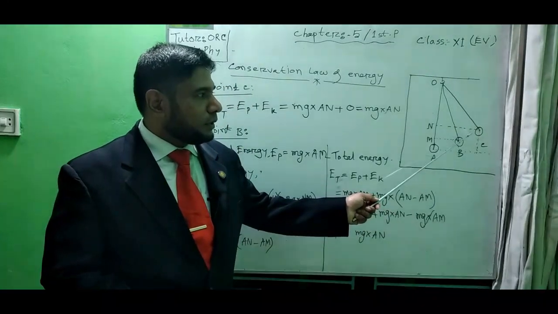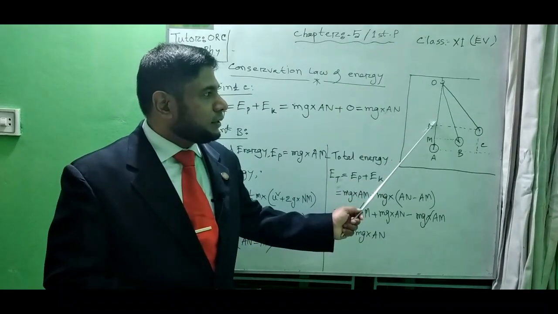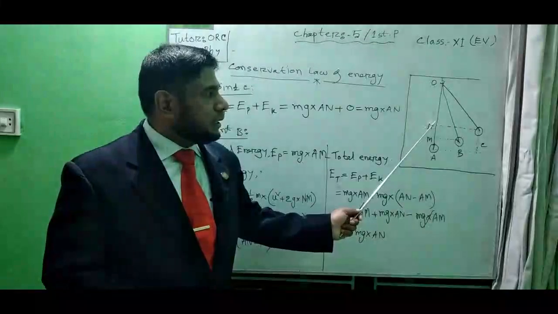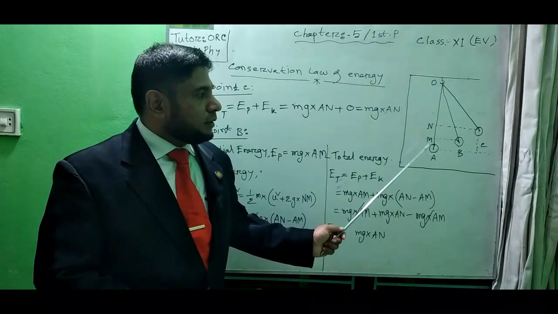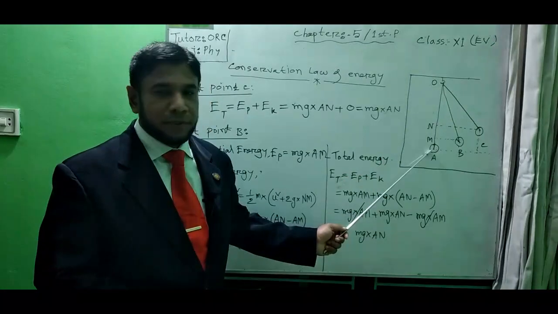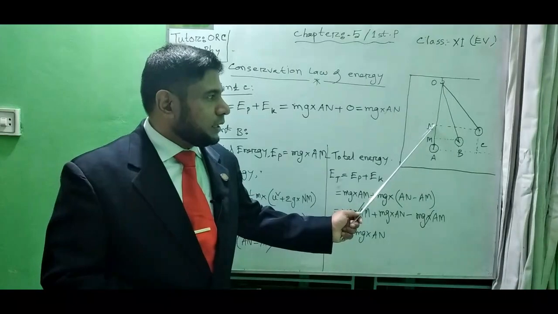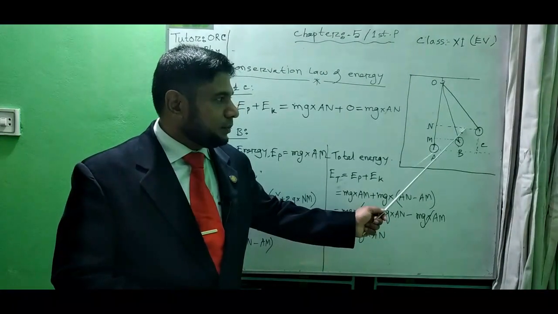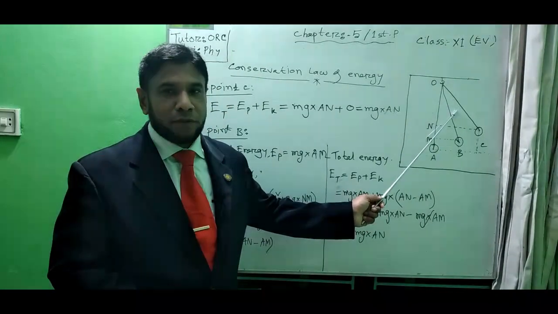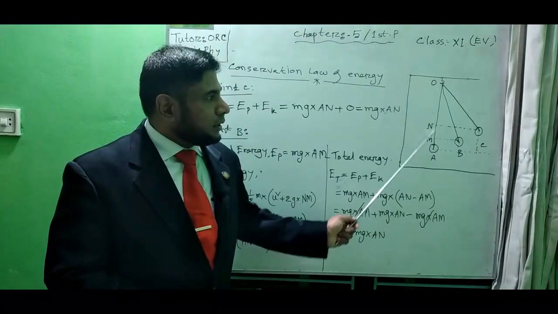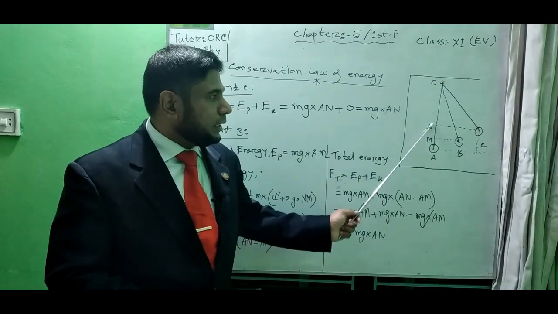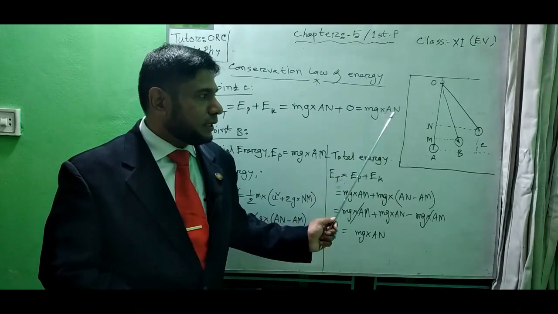So from here you can easily find the value of ON with the help of the law of Pythagoras, and then you will easily be able to find the value of AN. Suppose the effective length OA is given, and this displacement NC must be given. Find ON with Pythagoras, then subtract ON from the effective length OA to get the value of AN. Here you need the AN value.